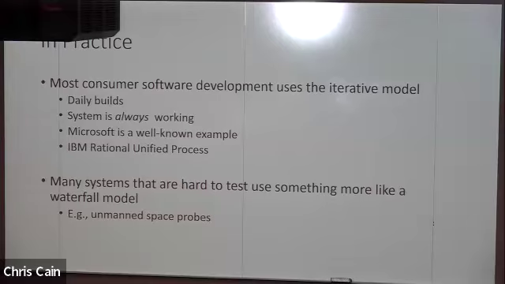You're going through an entire waterfall every day in terms of figuring out what can we do today to make changes to this system in a way that will improve it. So Microsoft does this. Of course, if it's hard to test, as mentioned, something like NASA, you may need to revert closer to the waterfall model if it is difficult to test and iterate and get feedback on.